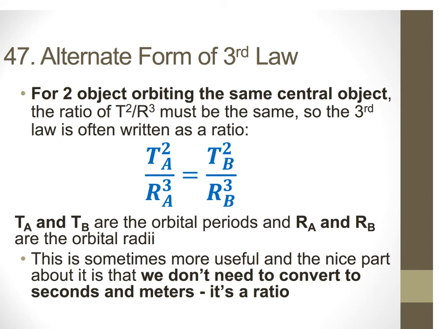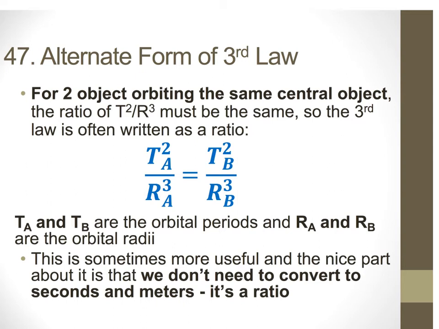Here we have an alternate form, which says T_A squared, the period of object A squared, over the orbital radius of object A cubed, equals the period of object B squared over the orbital radius of object B cubed. This allows us to compare the period and orbital radius of two different objects orbiting the same thing.